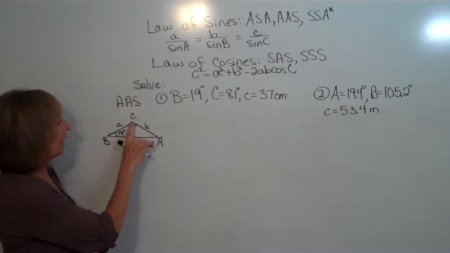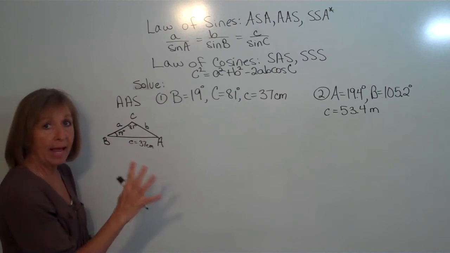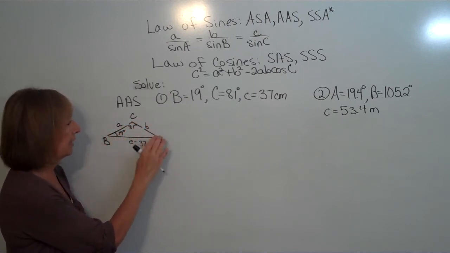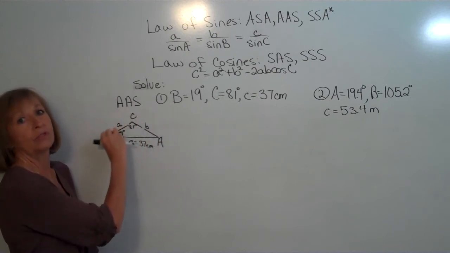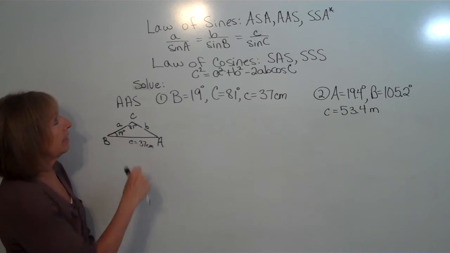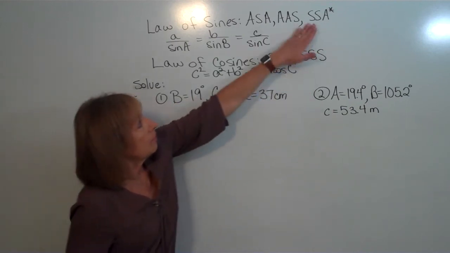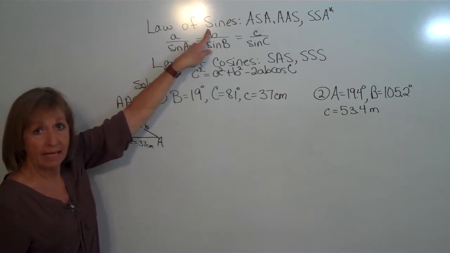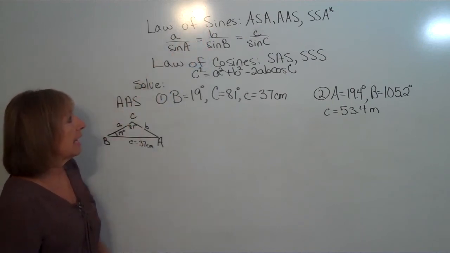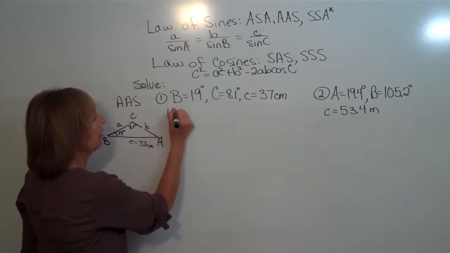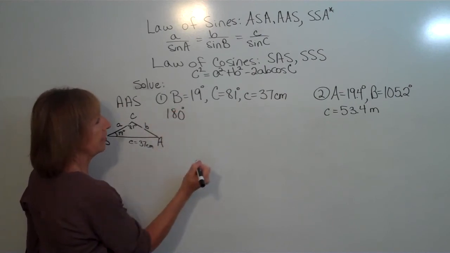So remember, I say the things that I know as I go around the triangle. So angle, angle, side. And you come from the stuff you don't know towards the things that have measurements on them. So angle, angle, side, when I look at my options, is with the law of sines. Now I have two of the angles, and I know that the total of the triangle is 180 degrees.